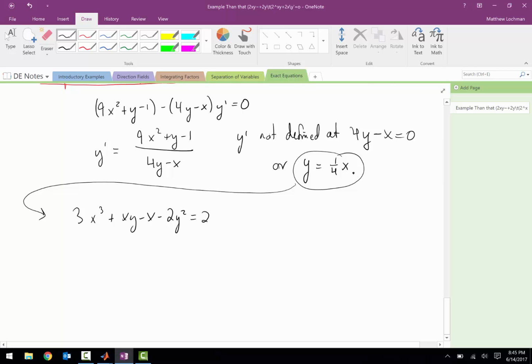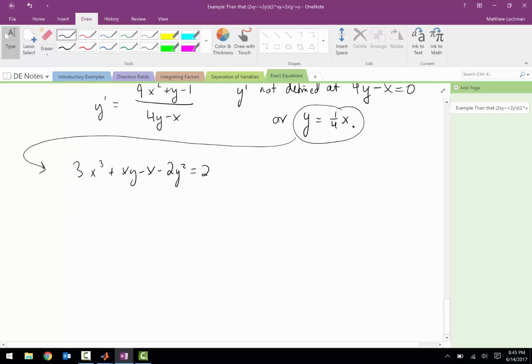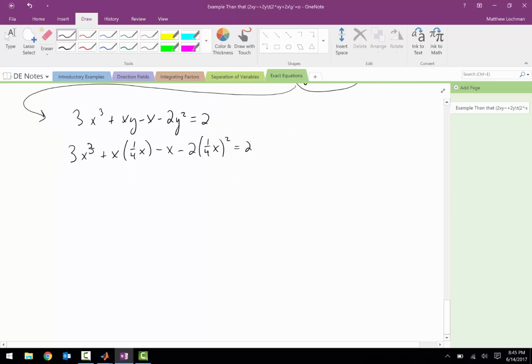Okay, so now let's replace all the y's with 1/4 x. Okay, so I'm going to now simplify this. So 3x cubed here plus 1/4 x squared minus x minus, so 1/4 squared is 1/16 times 2 is 1/8.